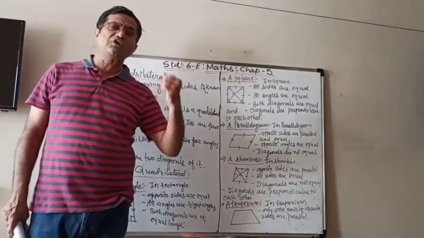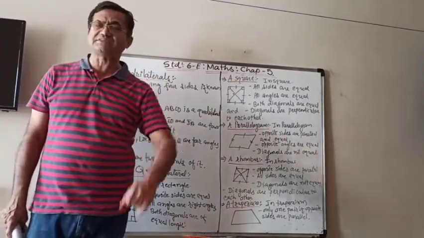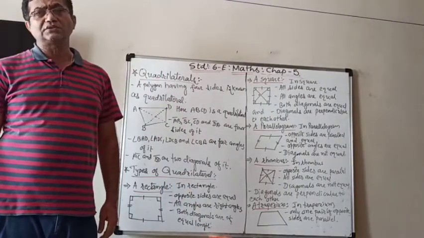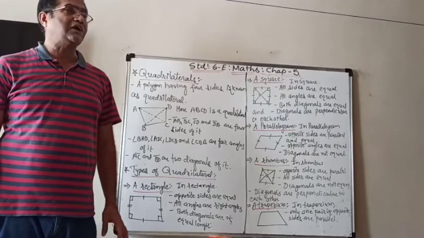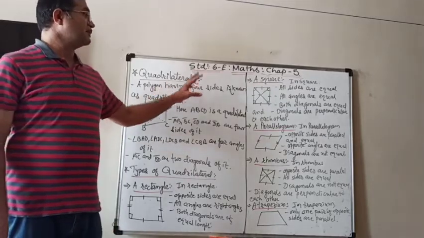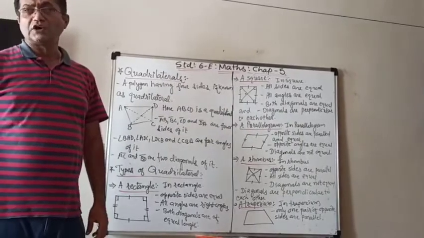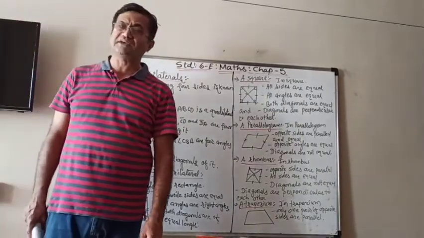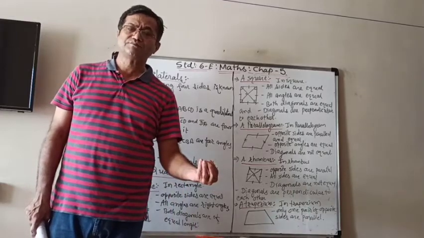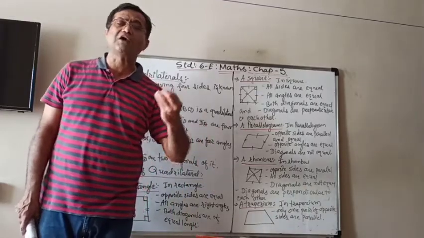The smallest polygon was the triangle, having three sides, that we learned about. Now we have to learn about the quadrilateral, that is the polygon having four sides. So if a polygon has four sides, then that closed figure is known as a quadrilateral.